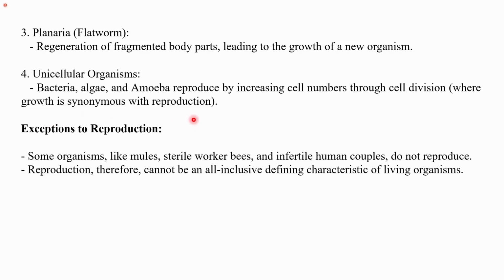Now, someone might say that there are certain organisms that are living due to other parameters that define living organisms, but they are not able to reproduce. So there are certain exceptions to this reproduction parameter. For example, mules, sterile worker bees, infertile human couples. These organisms do not have the ability to reproduce.